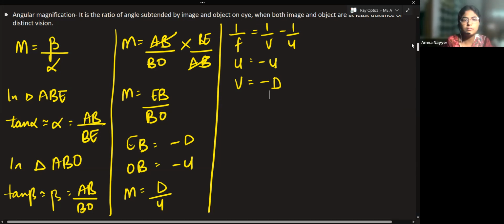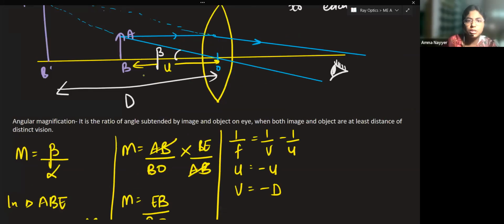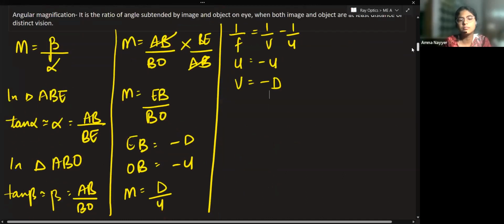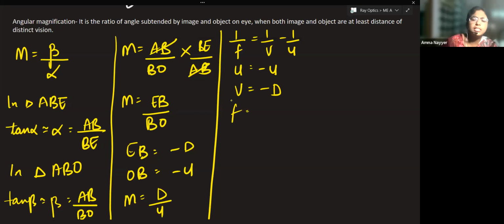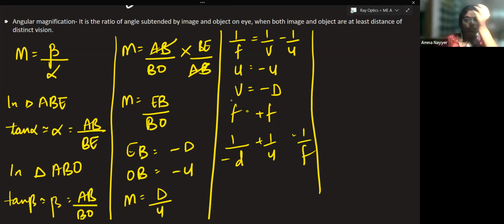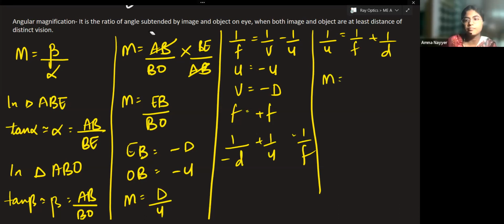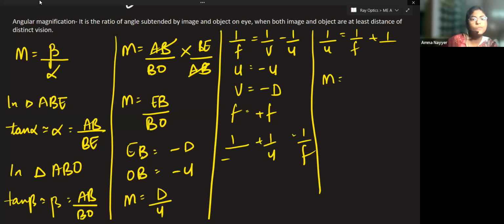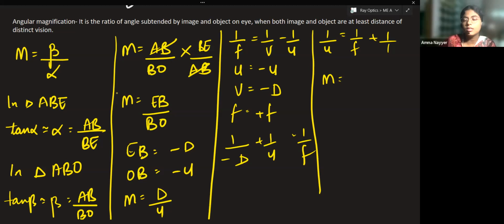Look here. The final image was here. This is O. And we have chosen the case where this is actually equal to minus D. And the focal length for a convex lens will be positive F. If you put it in the formula, you get minus 1 by D plus 1 by U is equal to 1 by F. From here, you can write 1 by U as 1 by F plus 1 by D. Now, coming to this formula, M is equal to D by U, capital D. So this becomes capital D multiplied by 1 by F plus 1 by capital D. If you multiply it within the bracket, what do you get?